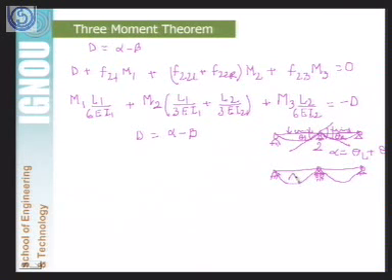Let us say the area of this bending moment diagram is A1 and the distance of its center of gravity is equal to x1. Again, the area of this bending moment diagram is A2 and the distance of its center of gravity from the right hand support node 3 is equal to x2.